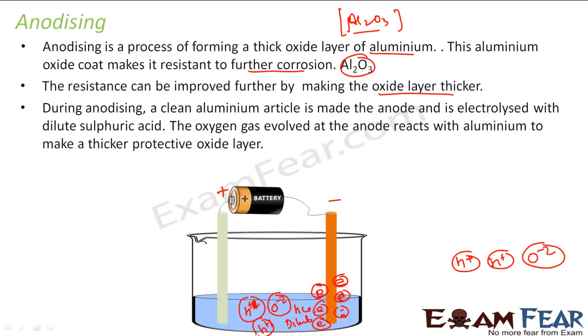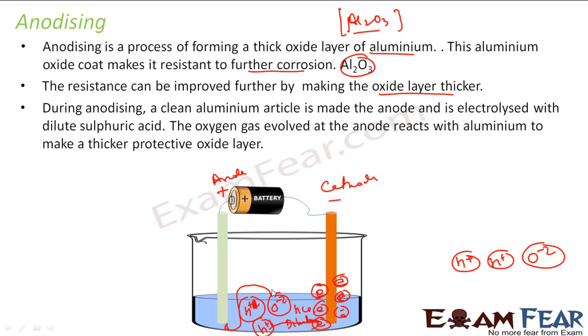Now, since the anode is positive, oxygen will flow this side, and hydrogen will flow this side. I am telling this because the cathode is negative. Hydrogen, since it has a positive charge, will flow towards the negative thing, that is my cathode. Oxygen will go towards the anode and hydrogen will go towards the cathode.